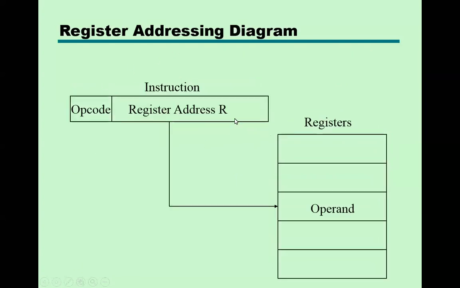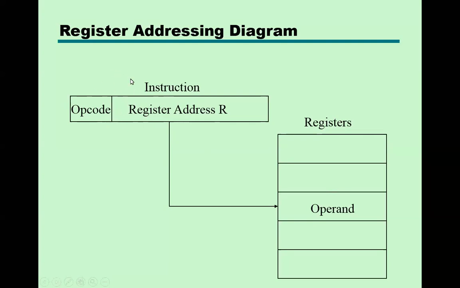Registered addressing. In registered addressing, instead of memory, here you will find there are registers. As you know, on a processor, the registers are available, the general purpose registers that we use for arithmetic operations. So here, this instruction is referring to the registers R1, R2.